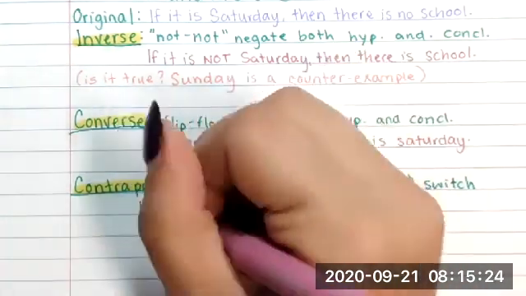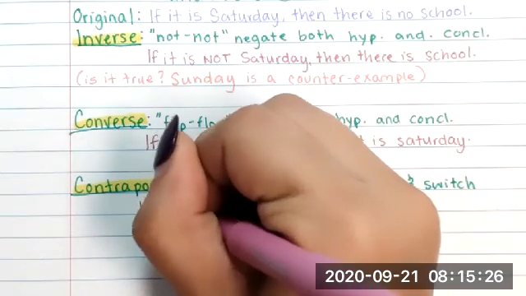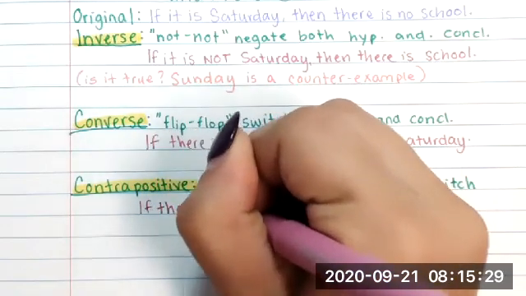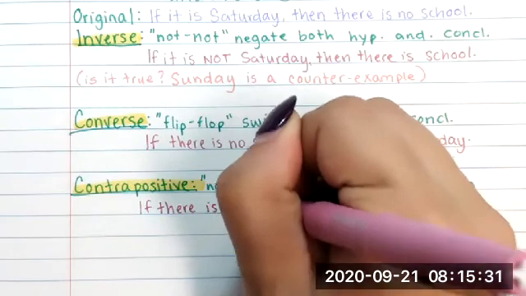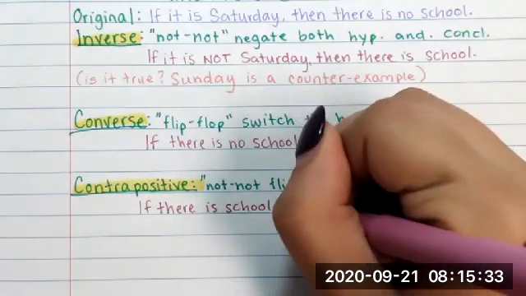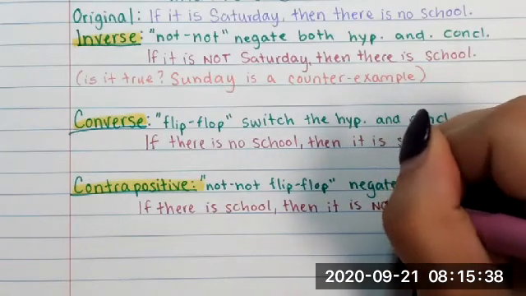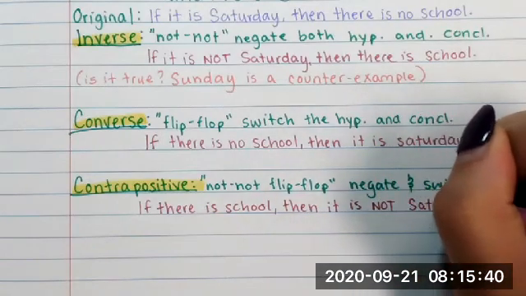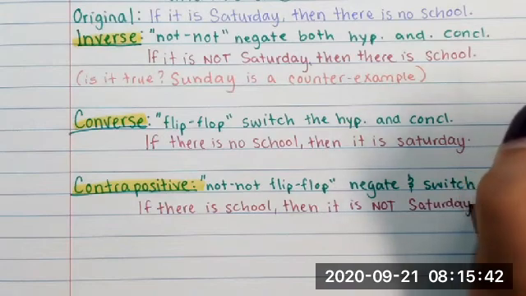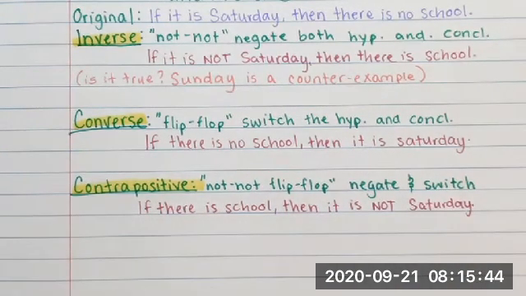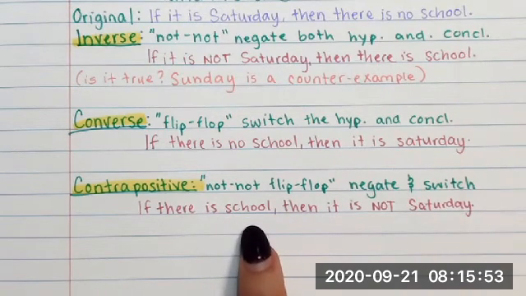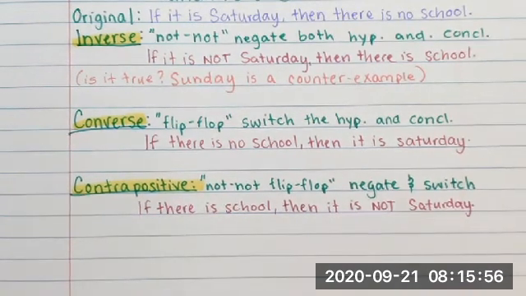I put those nots in there. So if there is school, then it is not Saturday. Now, can we think of a counterexample for this? Well, Sunday is a day there isn't school, so that isn't a counterexample anymore.